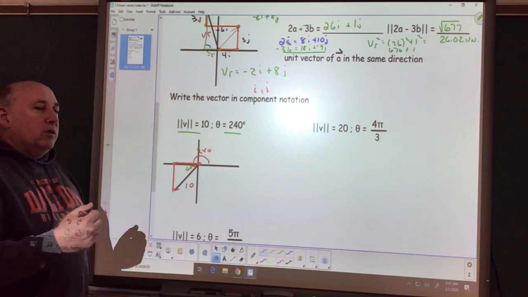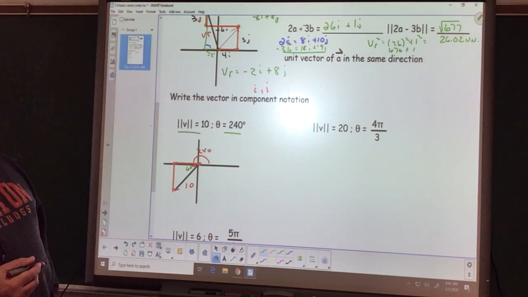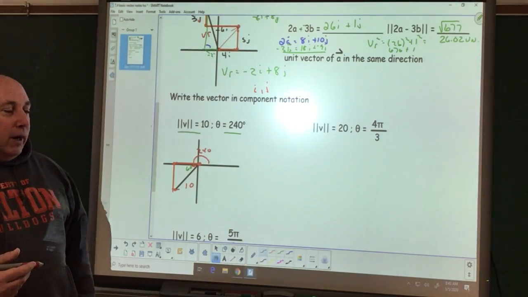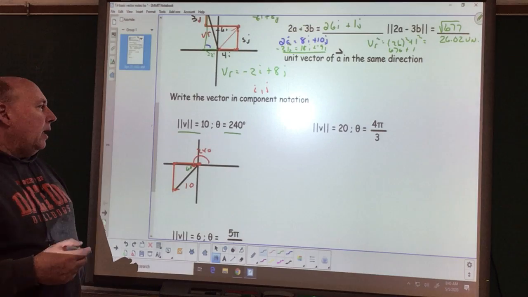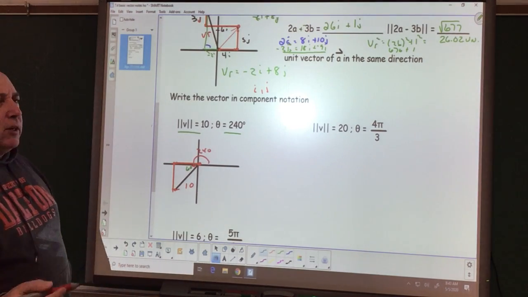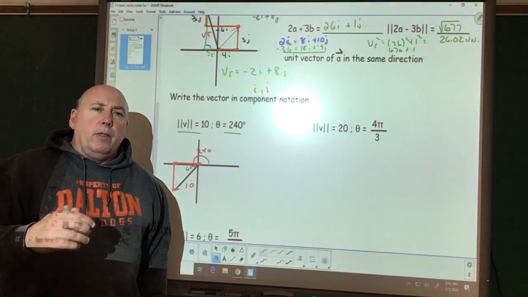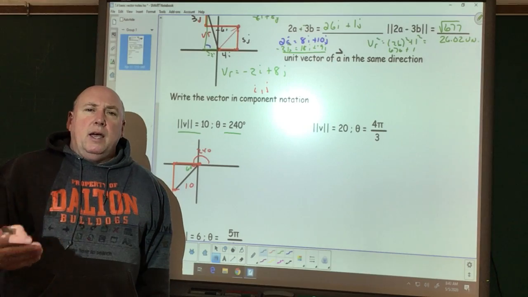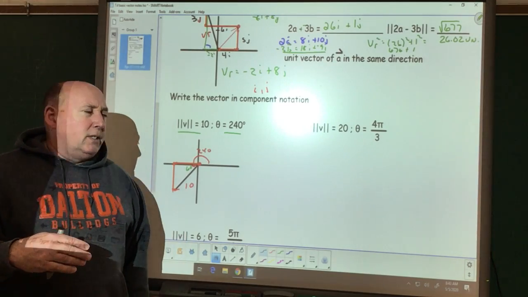I can use my Pythagorean ideas, or 1, 2, square root of 3 if I wanted to. But really, to find our components, if you remember back to what we did yesterday, the horizontal component will always deal with cosine, and the vertical component will always deal with sine.